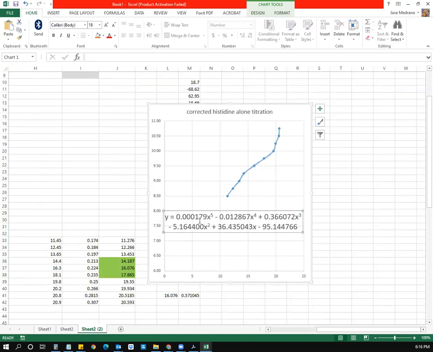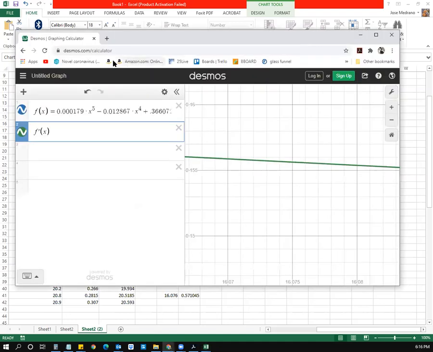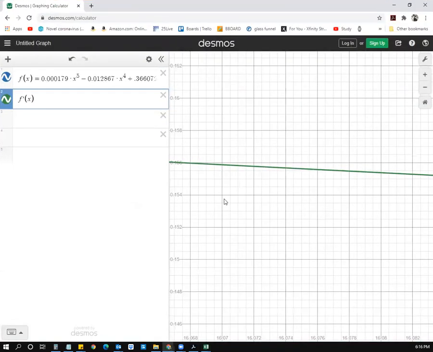But if we can do this, then we can get the instantaneous change at a certain value, like 9.5. If we have the fitted equation, we can find the first derivative of that equation and figure out what we end up getting. I played around with this a little bit on Desmos's graphing calculator.